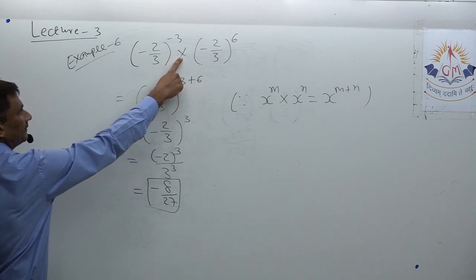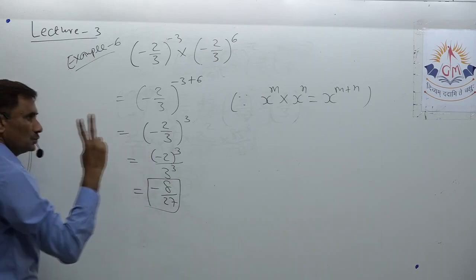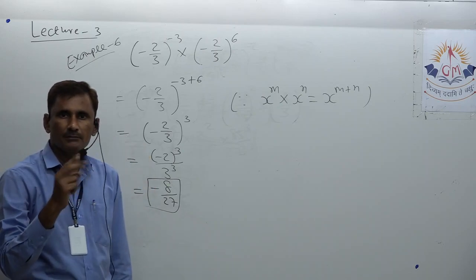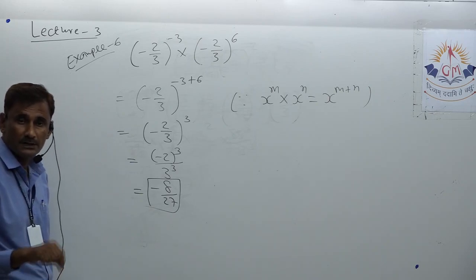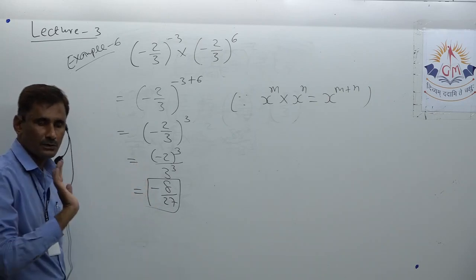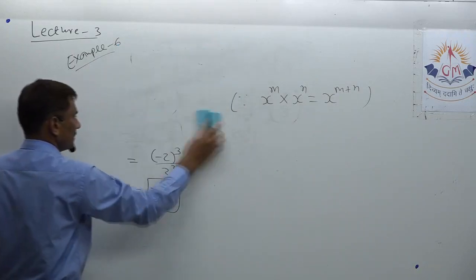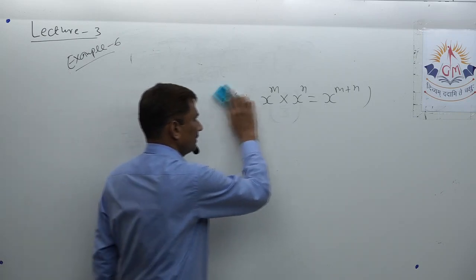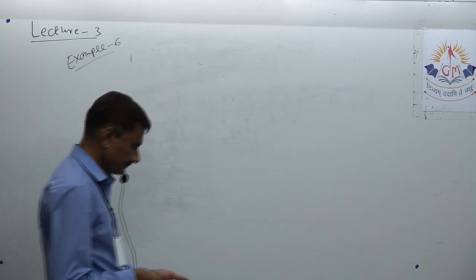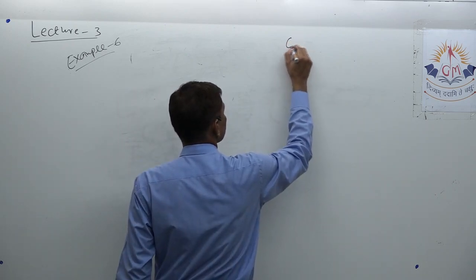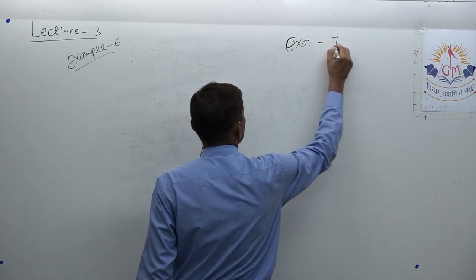Why? In between multiplication sign is there and bases are same, that's why. So two things to be satisfied: bases should be equal and in between multiplication sign should be there, then only you can apply product law. Now sorry, example 7, first one.